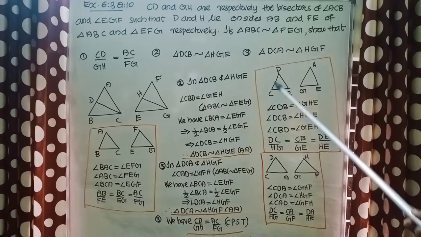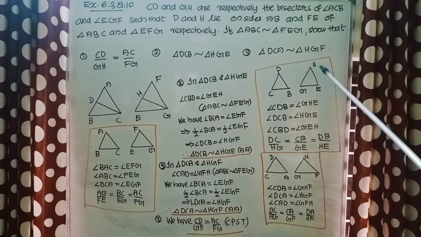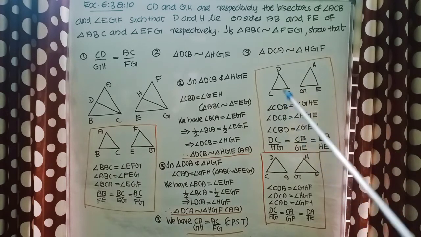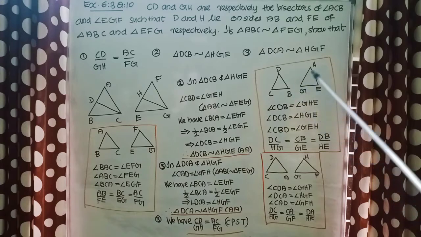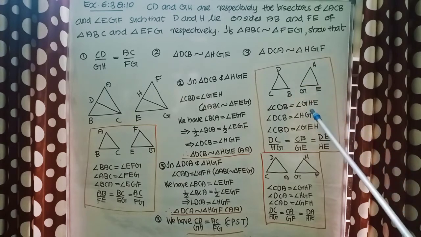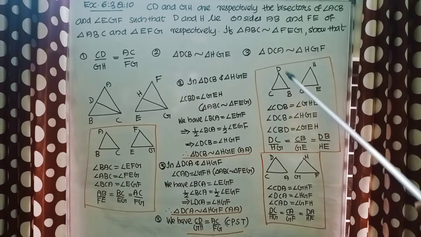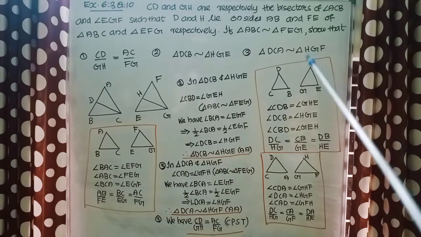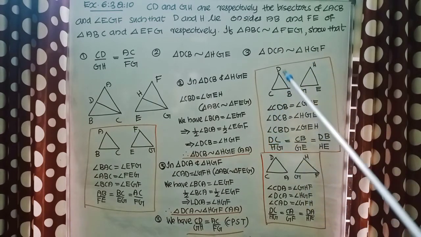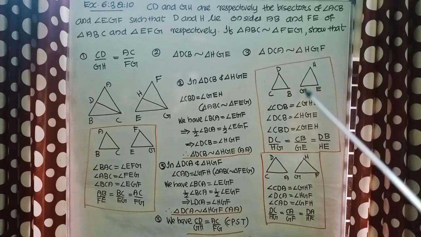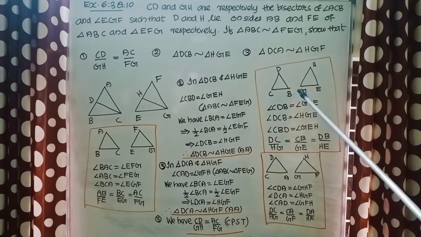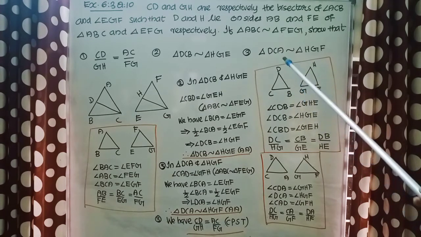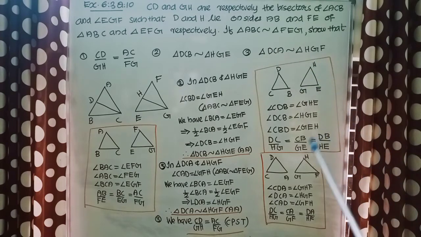Corresponding parts: angle CDB equal to angle GHE. Next, angle DCB equal to angle HGE. Next, angle CBD equal to angle GEH. Then corresponding sides CD by HG equal to CB by GE equal to BD by HE. These are the corresponding parts.